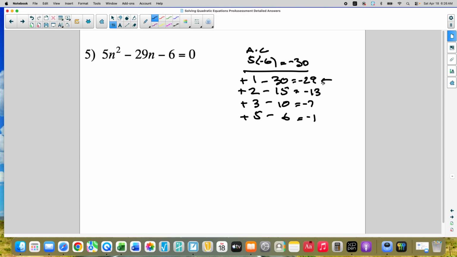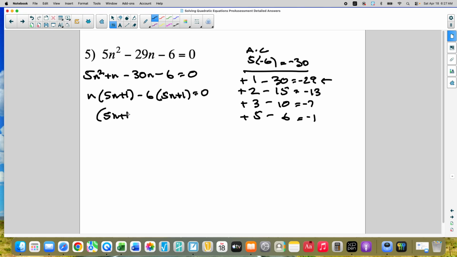This is my middle. So we have 5n squared plus n minus 30n minus 6 equals 0. Factor out an n: 5n plus 1. Factor out a -6: 5n plus 1.